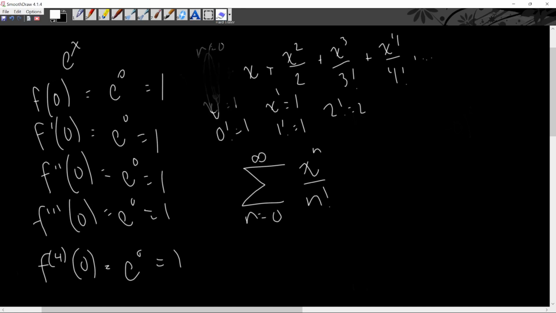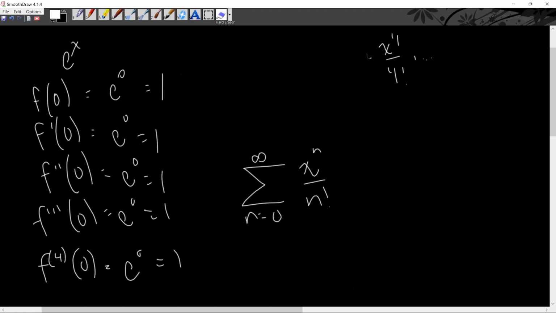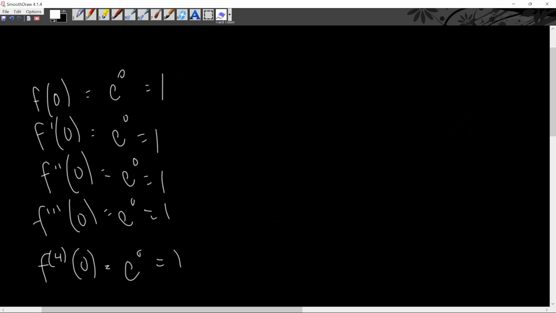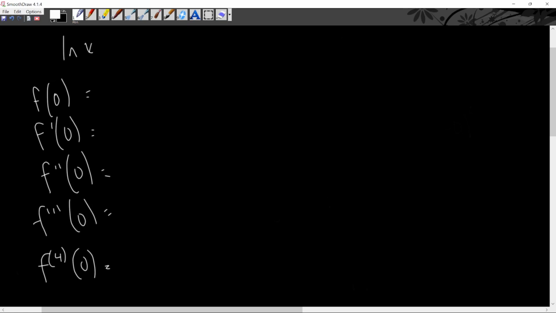So let's go into e to the x's inverse, which is going to be a slightly more annoying Taylor series. I'm going to leave the f primes here, and we're going to use ln x. So ln 0, well, I almost forgot this, but this will not be centered at 0, so I do have to erase all of this, unfortunately.